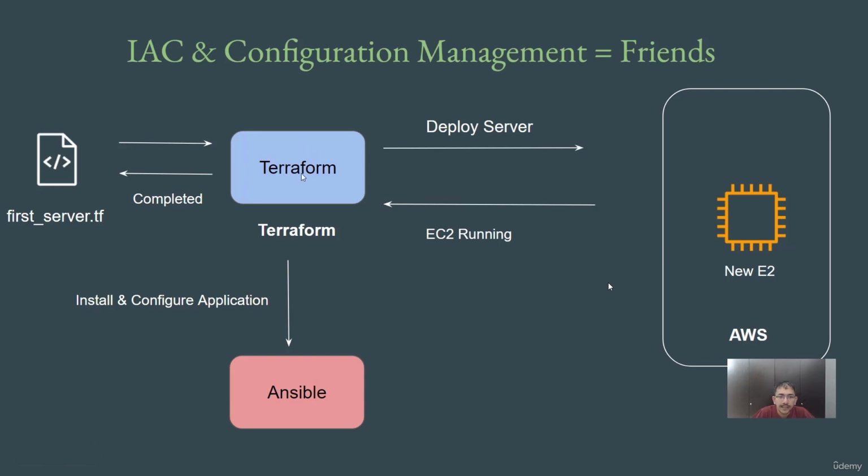For example, once Terraform has created the EC2 instance, it can inform Ansible to go ahead and install and configure the appropriate application or the antivirus. After Ansible receives the input from the IAC solution, it can log into the server through SSH and the application or antivirus solution can be deployed accordingly.